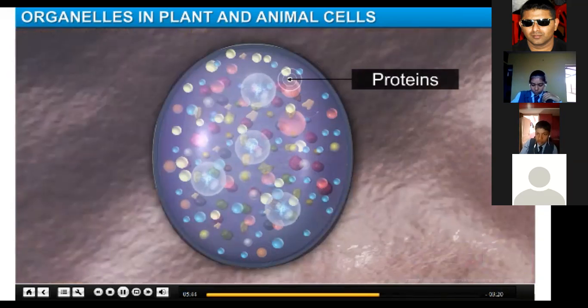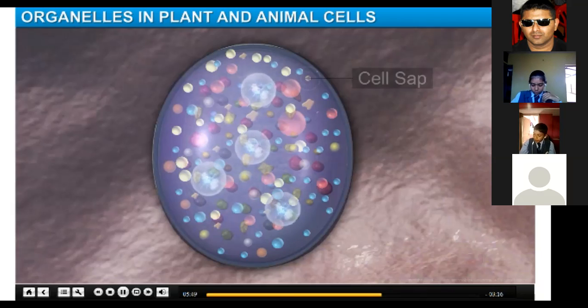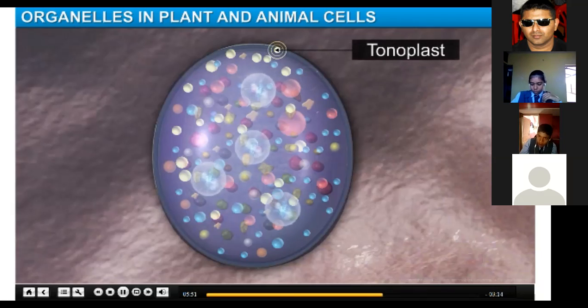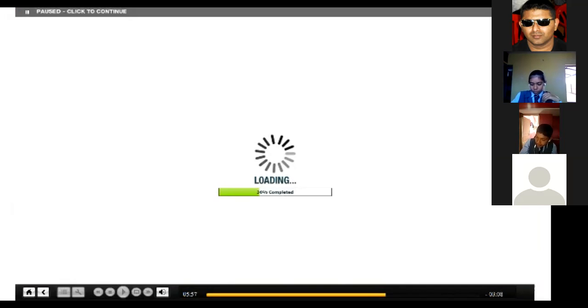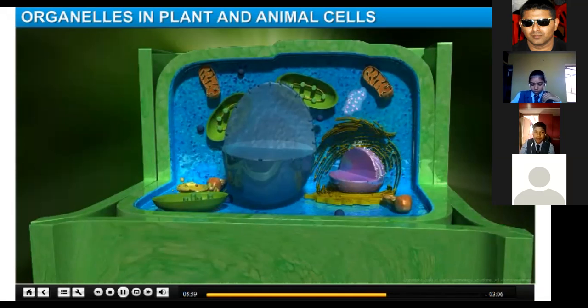The fluid contained in them is called cell sap. A vacuole is covered by a living membrane. It's a plant cell.